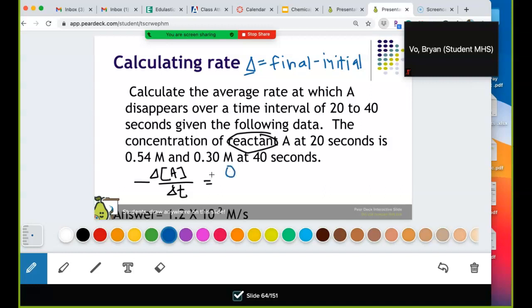Final concentration is 0.30 molar, minus initial concentration is 0.54 molar, over change in time. Final time is 40 seconds, initial time is 20 seconds. So this is molar. This is seconds. Now don't forget that this negative goes out in front because you're losing concentration over time because you're a reactant.